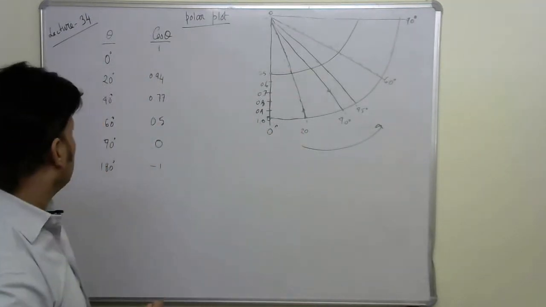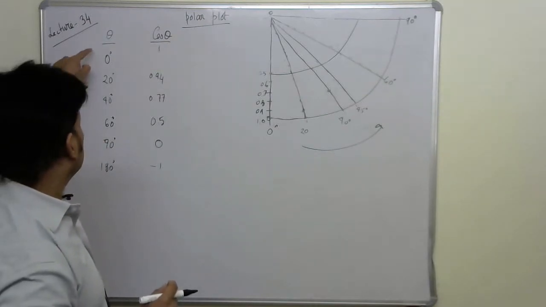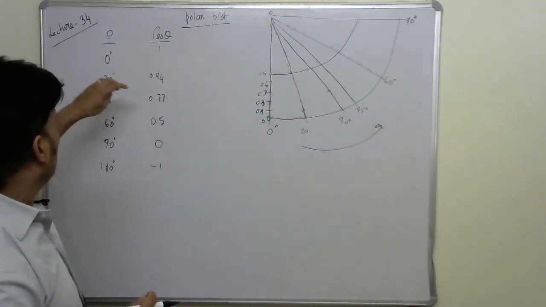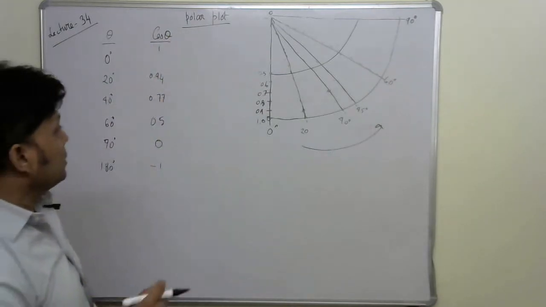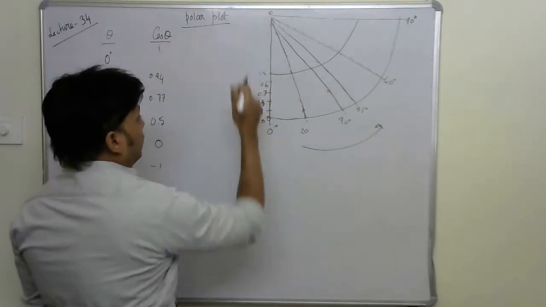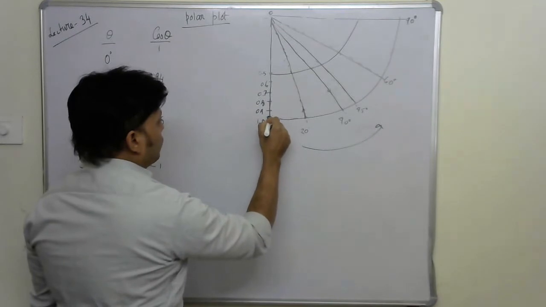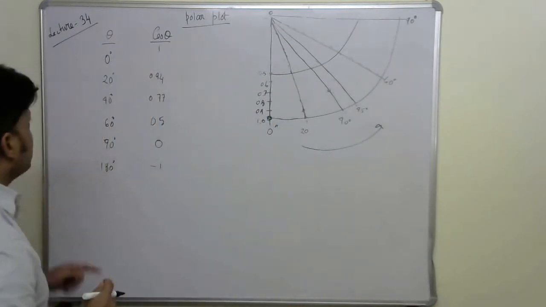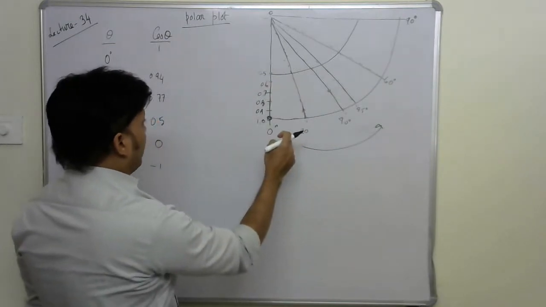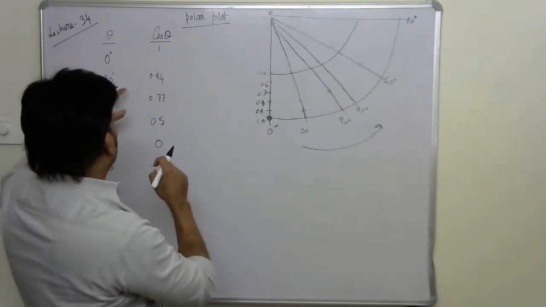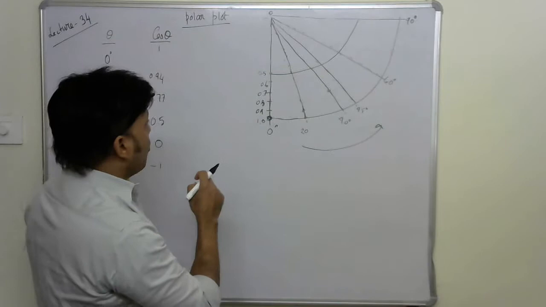Our first coordinate is theta equal to 0 degree. For theta equal to 0 degree, the cos theta value is 1, so our first point is over here. Our second point is for theta 20 degrees, so this is the 20 degree line, and we go for the value cos theta 0.94.